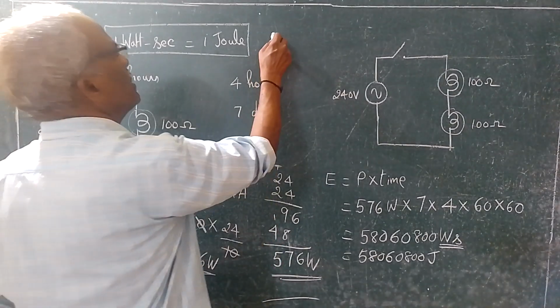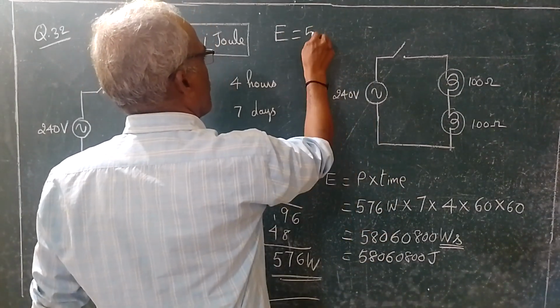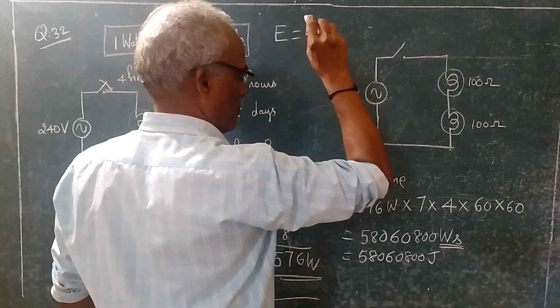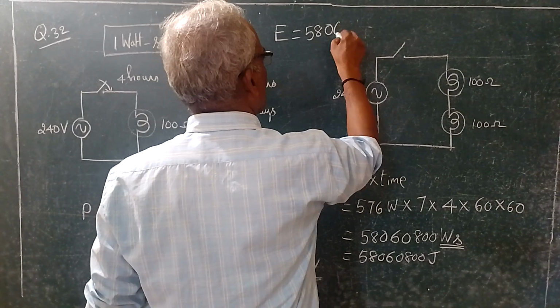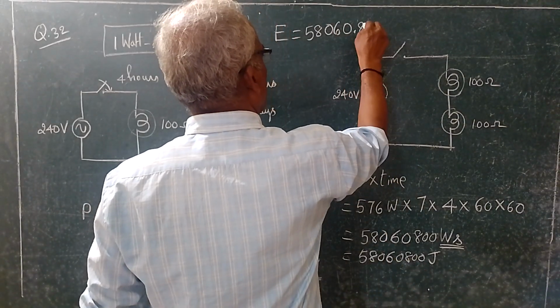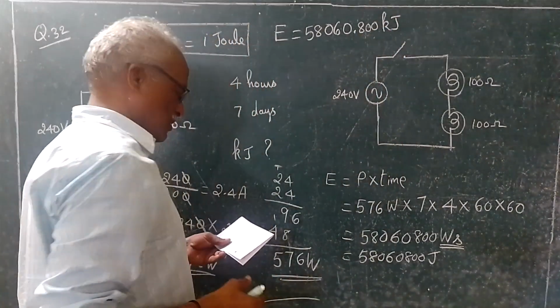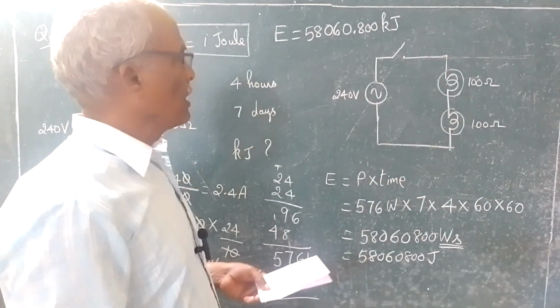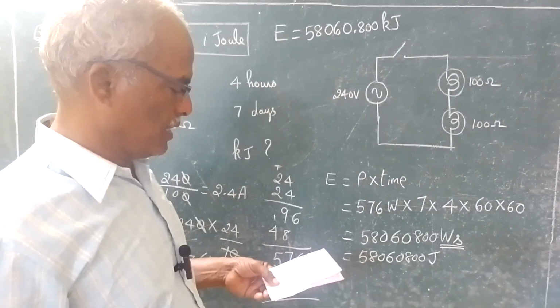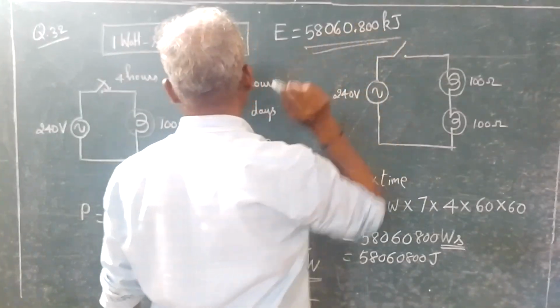So energy is equal to 58060.800 kilojoules. So the first part of the answer is correct.